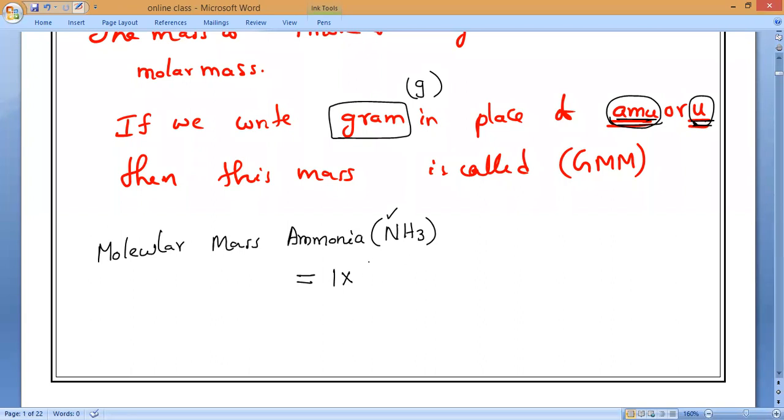What is the atomic mass of nitrogen? 14, plus number of atoms of second element. How many atoms of the second element? Three. Please try to involve in the class, Arun, Gokul, everybody. And what is the atomic mass of hydrogen? 1. So 1 into 14 is 14, plus 3 into 1 is 3.